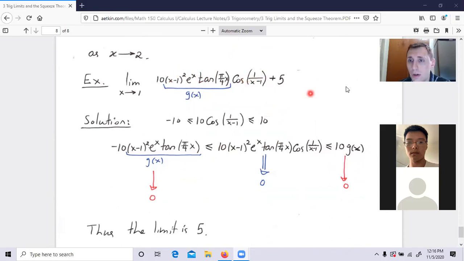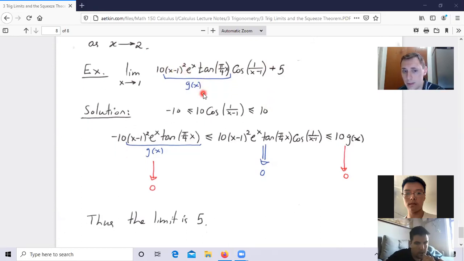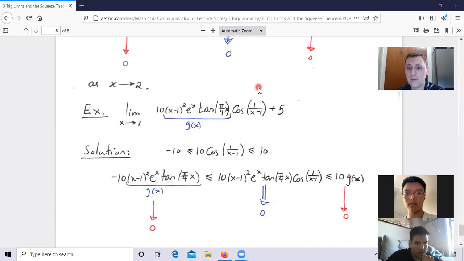Everything else goes to a finite number. And cosine is between -1 and 1. So if you look from below 5, there is oscillation between -1 and 1, and (x minus 1) squared will dampen this oscillation to 0, and what survives is 5.